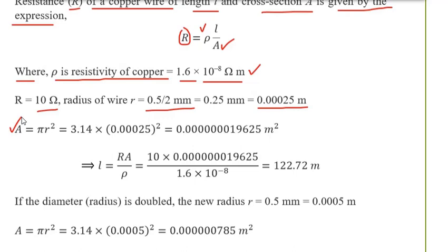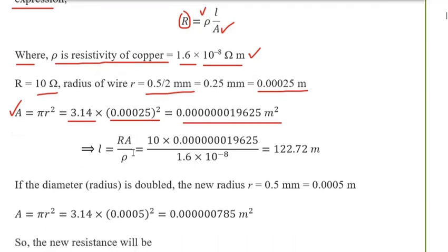Now recall the cross-sectional area of the conductor, which is just like a circle. So A equal to pi r square. The value of pi is 3.14 and the value of r is this one. After the proper calculation, we get the cross-sectional area of the conductor A equal to 0.00000001965 meter square.